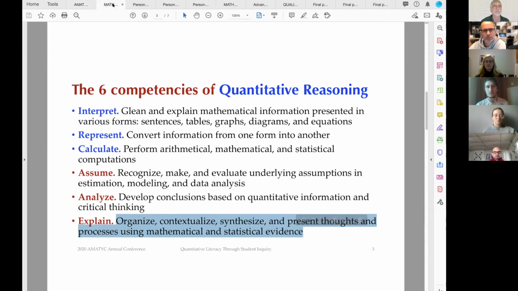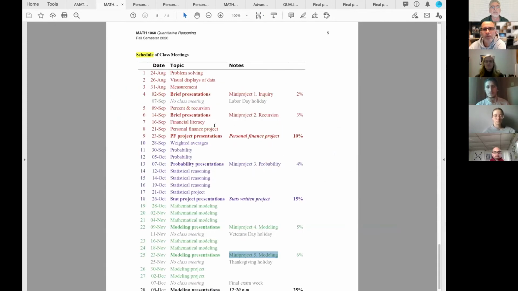There's problem solving and percents and recursion and proportional thinking, probability and statistics, mathematical modeling. So I don't care whether the final report shows that they know exponential functions or not.